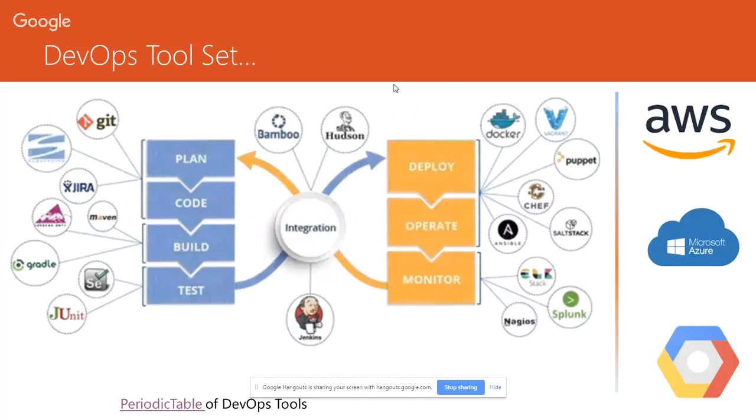Okay. For testing, I would suggest first get a solid understanding of OOPS concepts and any programming language like Java, C Sharp, or Python. And once your OOPS concepts are strong, get into UI testing, API testing, or unit testing.